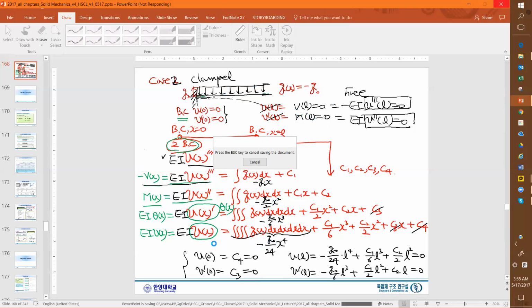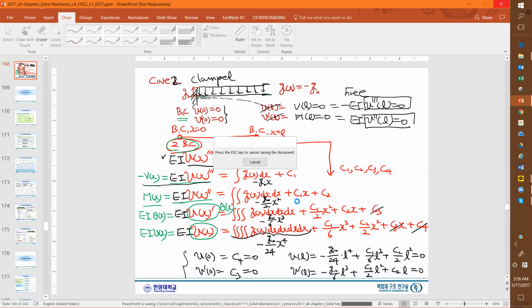Another important point is that once we obtain C1, C2, C3, C4, what does it mean? We completely determine V(x). Once we have V(x), the derivative or slope is also given. The second derivative of V, which is very important, is also given.